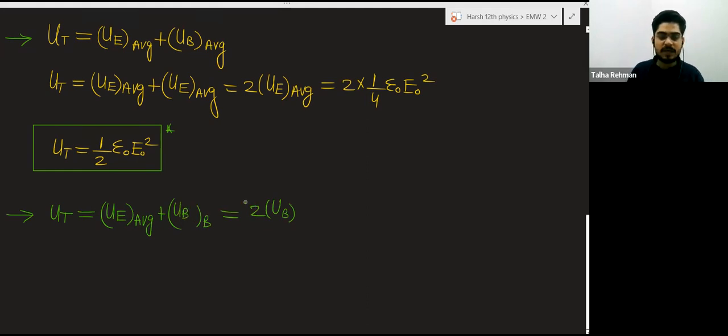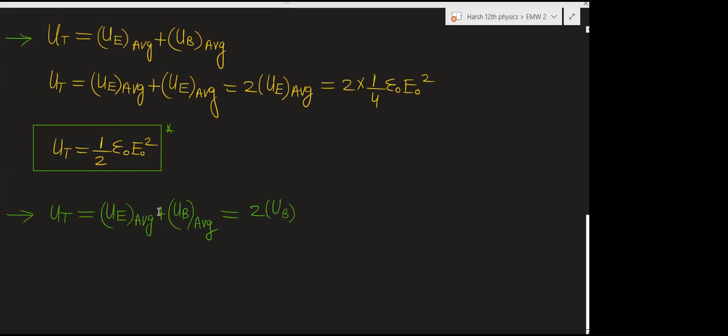So total energy density of the electromagnetic wave is equal to the electrical energy density plus the magnetic energy density, and both are equal.